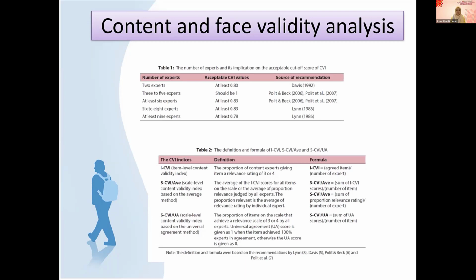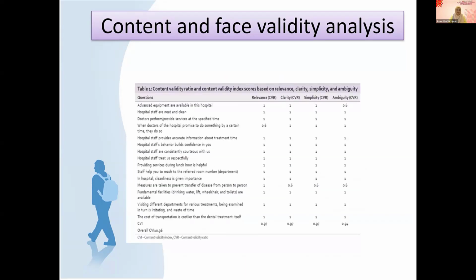If you have both content and face validity index, that one is better. So from there you can say how many percent say it is relevant, clear, simple, and unambiguous. This is the core, and we want the overall to be more than 0.8.